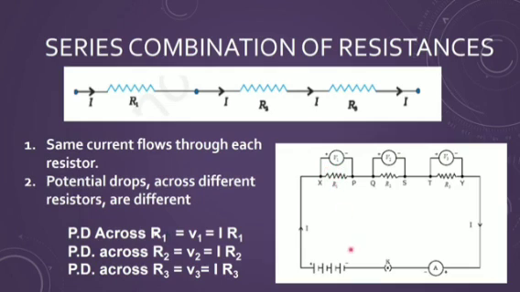So what happens when we connect these resistances in series? The same amount of current flows through these resistances. But if you see the potential difference across the ends of these resistances, they will come out to be different. For R1 it is V1, for R2 it is V2, and for R3 it is V3.